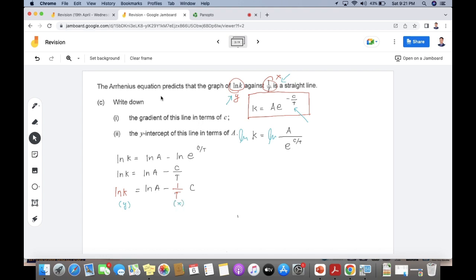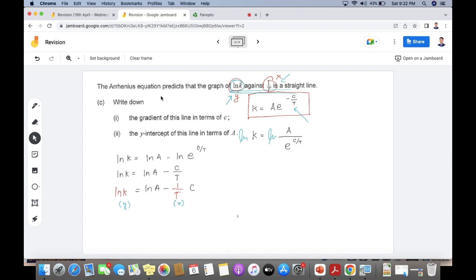Why, sir? Why did you say so? It's actually found in the first portion. Predict the graph of ln of k against 1 over T, which is a straight line. So from here, we could deduce that ln of k serves as our y and 1 over T serves as our x.